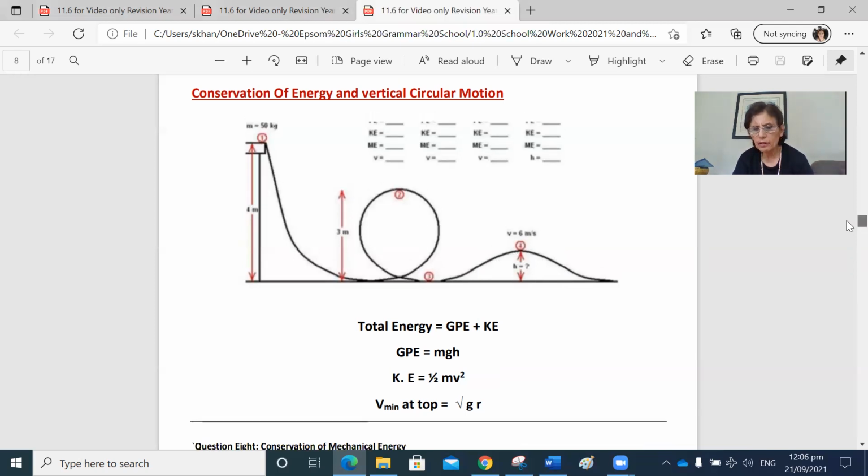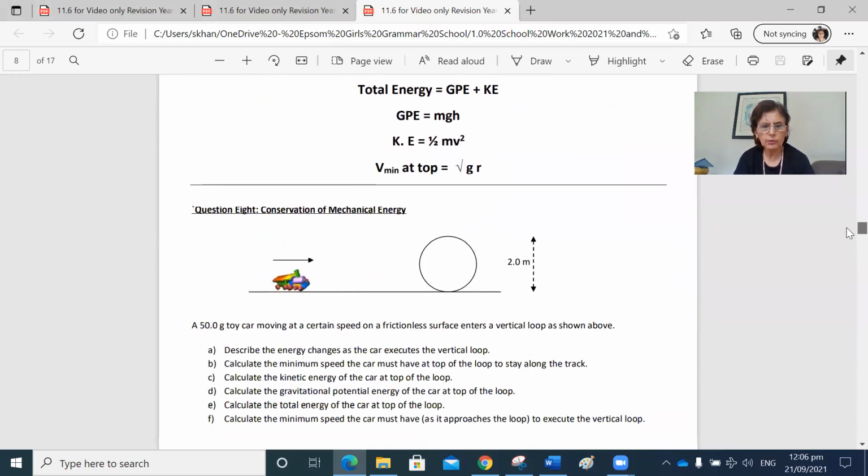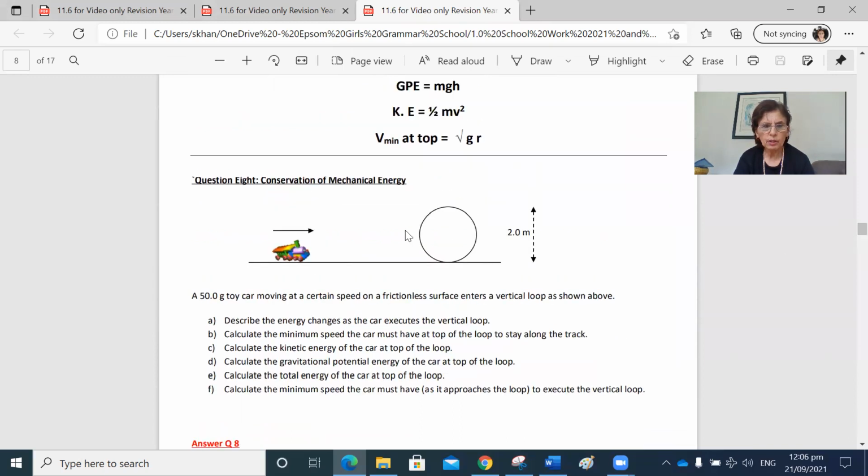Now, in the revision sheet that you're working on, question 8 is like this situation, where a toy car moving along here makes a vertical loop like this one. Everything will still be the same.